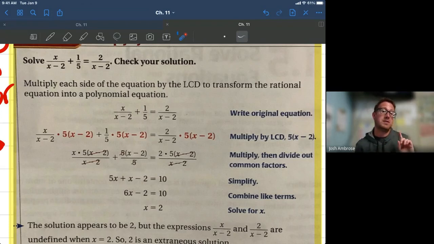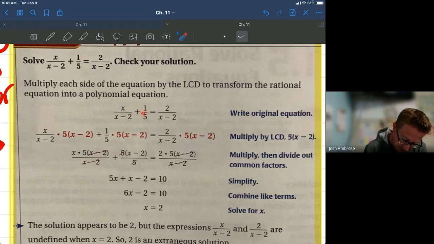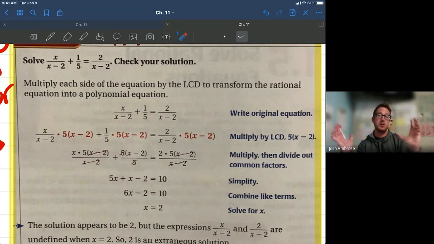So step one is finding that lowest common denominator, the LCD. So 5 cannot magically become x minus 2, nor can x minus 2 become 5. So just show the two of them next to each other. That's what we're doing right here.